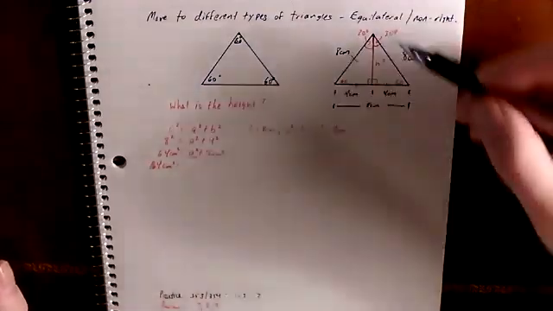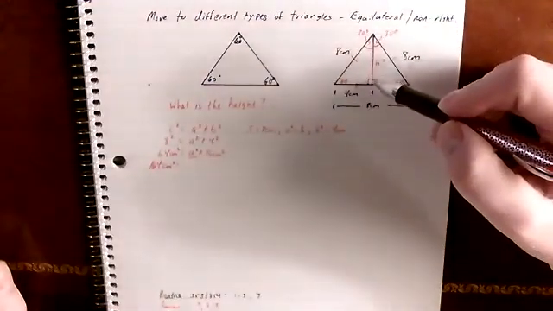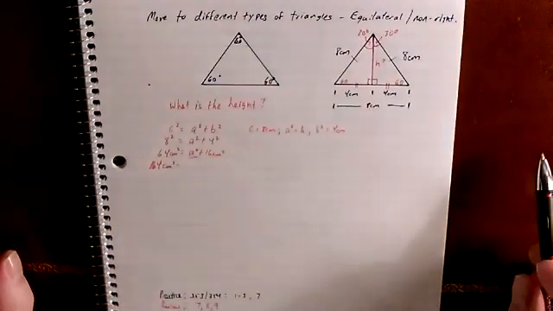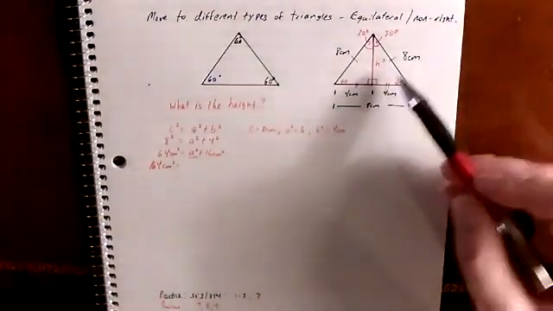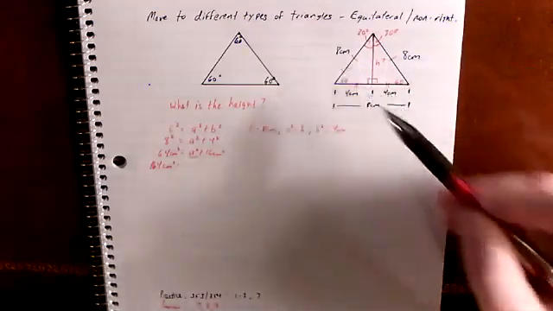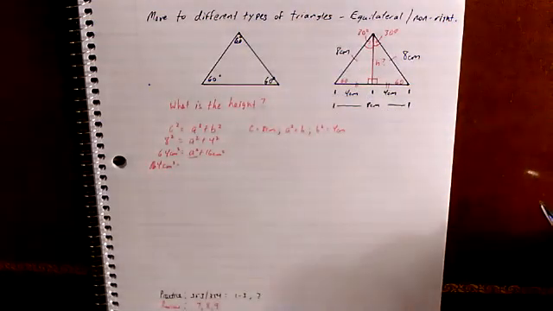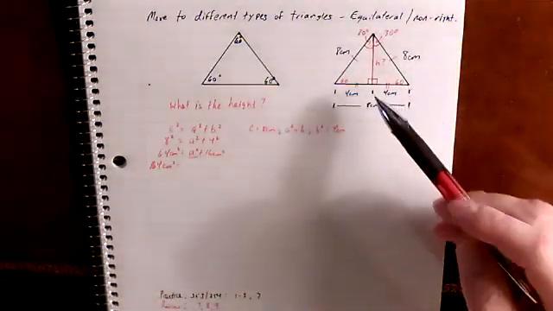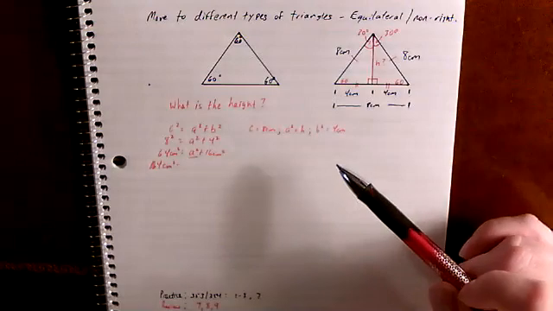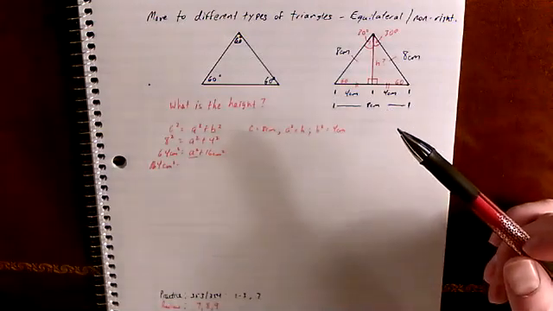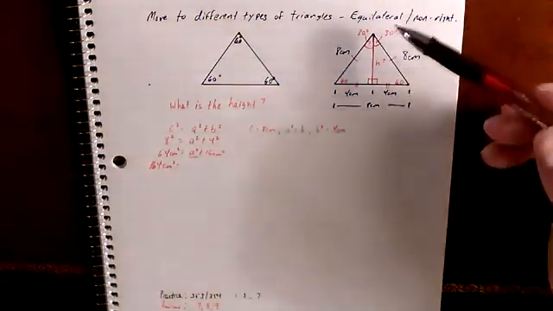When we bisect this straight line with another straight line, it gives us right angles, and then you start having your hypotenuse, your longest side. Now I want us to find the height of the triangle.